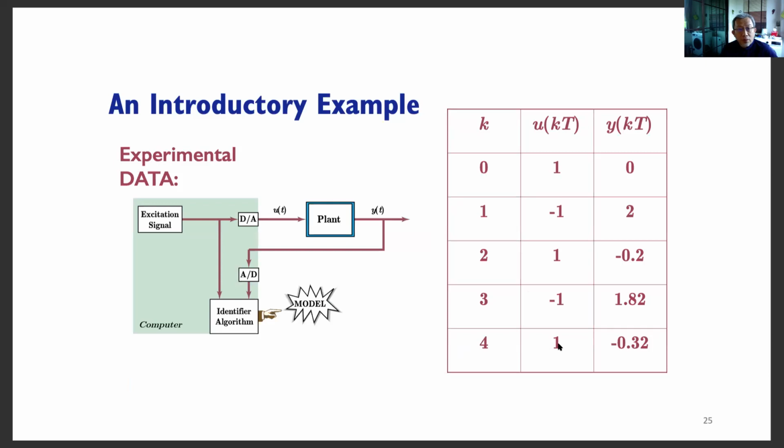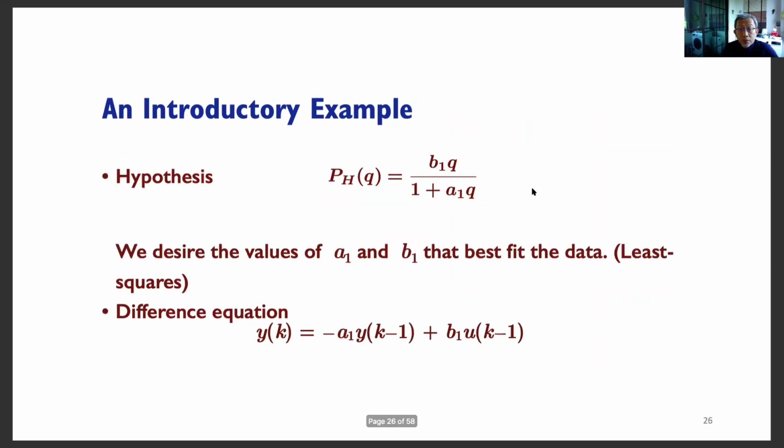So as an introductory example, we give you experimental data. This data is 5 data of input and 5 data of output. So the hypothesis is that we choose the model structure as a first order system, B1Q over 1 plus A1Q.